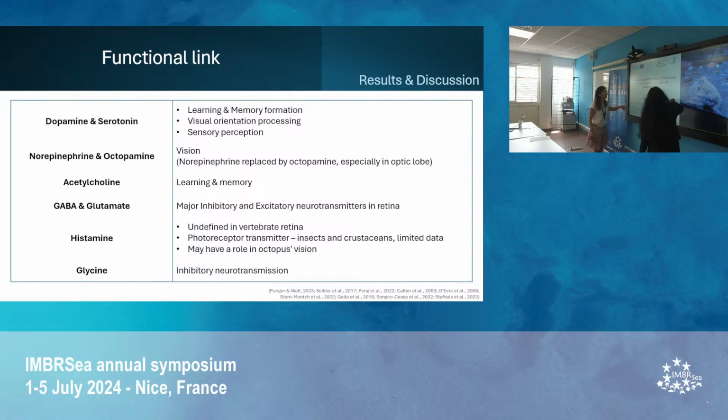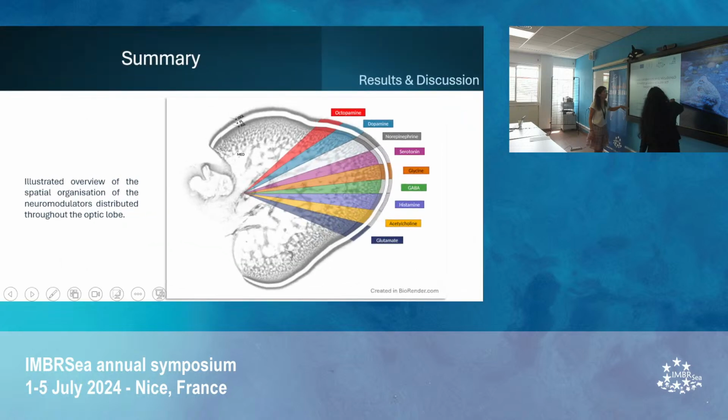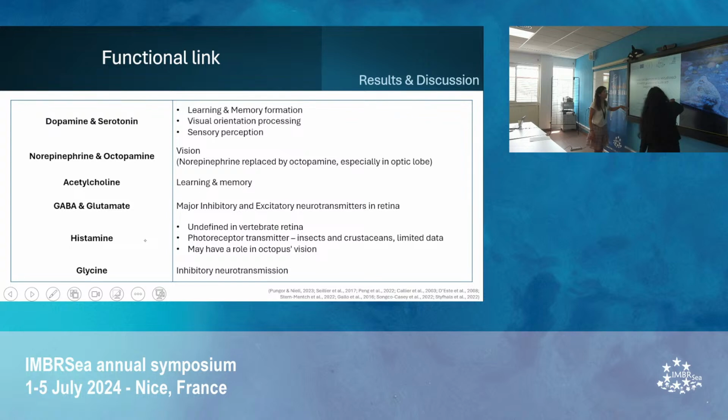Interestingly, for acetylcholine, a study was done specifically to localize the cholinergic cells, and they found that it was present in the inner granular layer and the medulla region, same as what we found in this research. So we can also say that acetylcholine is indeed involved in various learning and memory mechanisms.